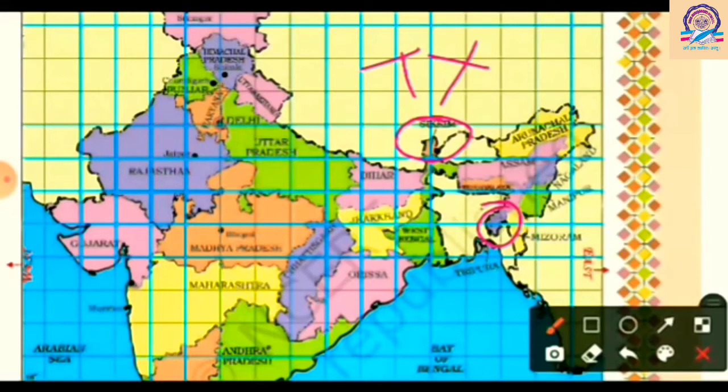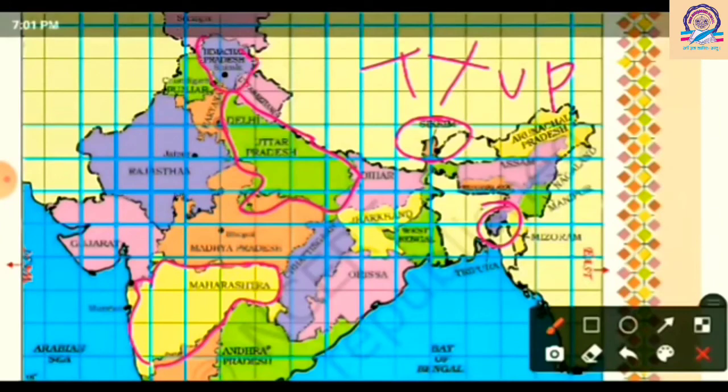Now the next one is Uttar Pradesh. Then we have Maharashtra. Okay, so as you can see here, Uttar Pradesh is far more than 8 times. As well as if we compare Maharashtra, it is also more than 8 times of Sikkim.